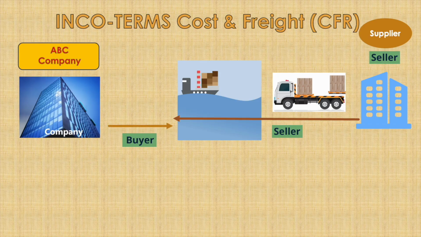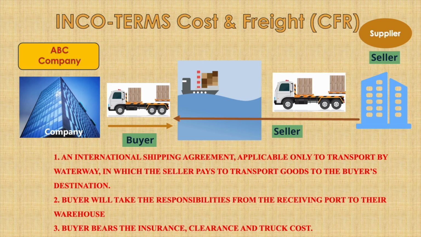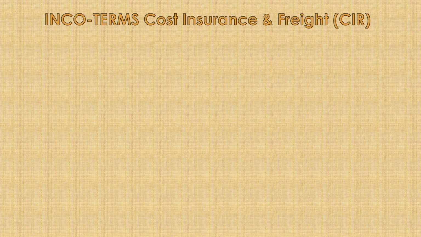That means, from the destination port onward, the buyer is responsible for marine insurance, import clearance, customs duty, and trucking to their warehouse. To summarize, the seller pays up to the destination port, excluding insurance. The buyer covers insurance and all costs after arrival.